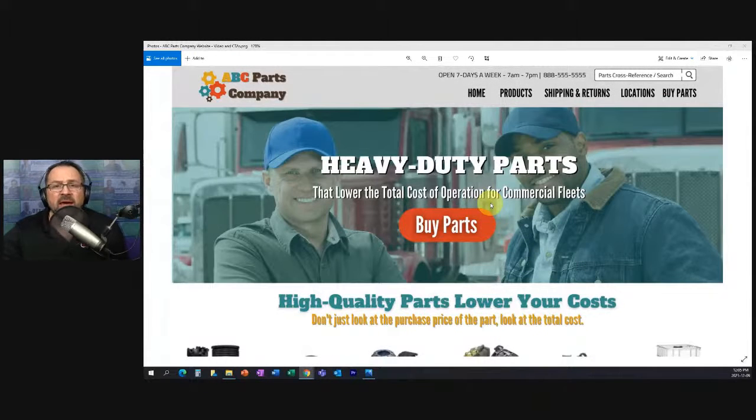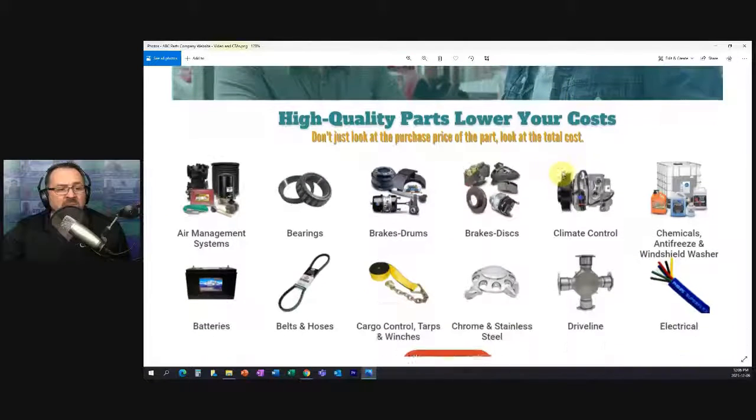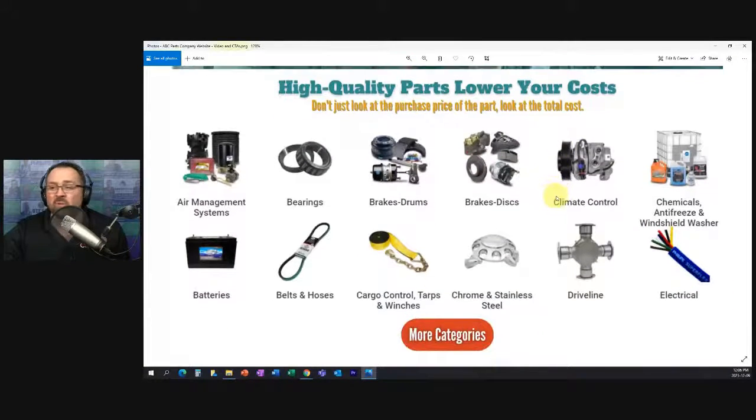So here we have the website that we've been building for our parts company, ABC Parts Company. We started our conversation about what you need to have in the navigation bar, how you should structure that. We talked about the hero section next. Then we talked about your different product categories and what you're supposed to have there, the best way of approaching that.